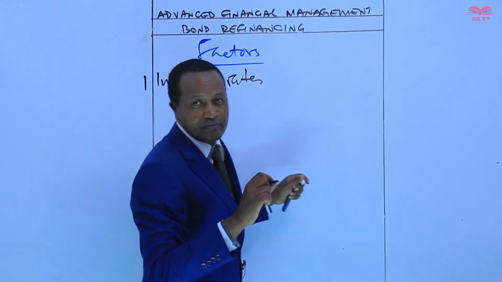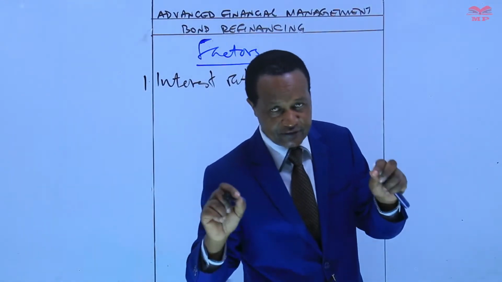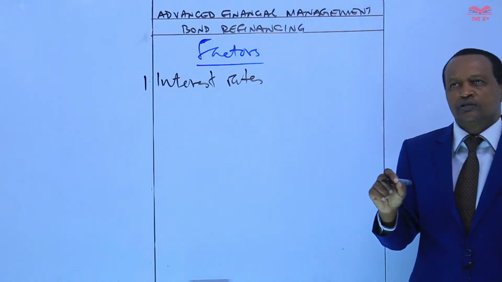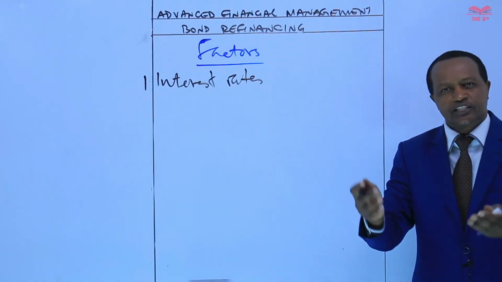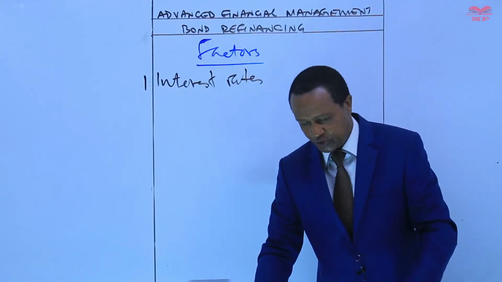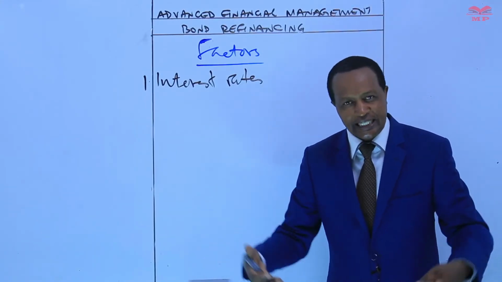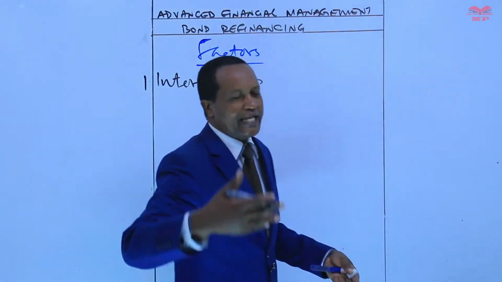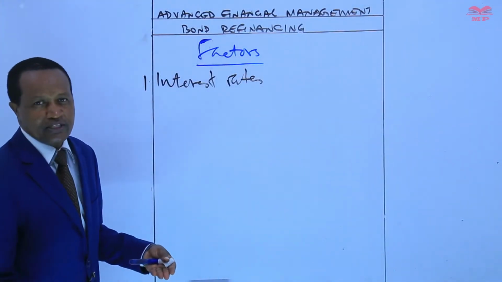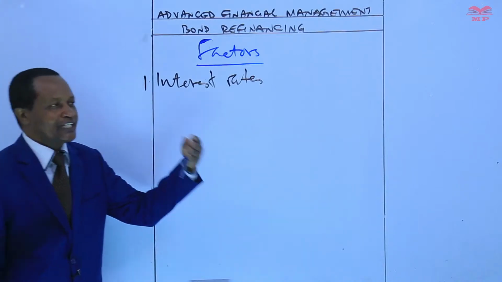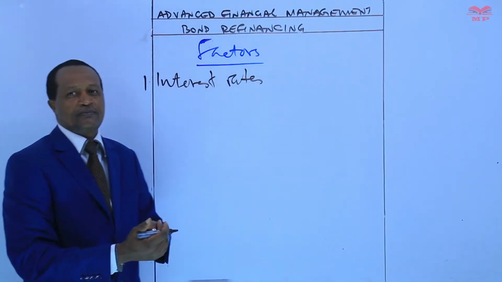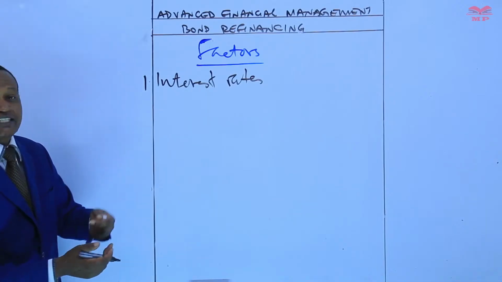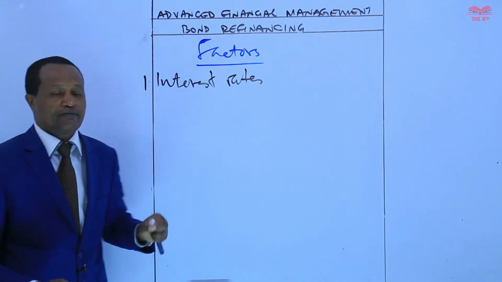This is the most significant factor, because if today's interest rates are lower than the coupon rate on the existing bonds, then refinancing can lead to substantial savings. That is a significant factor.